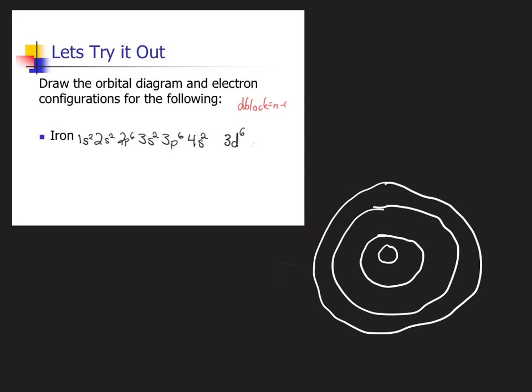Looking at my electron configurations, I can see that I have 2 electrons in that first one, 8 in the next one. Just filling this in.